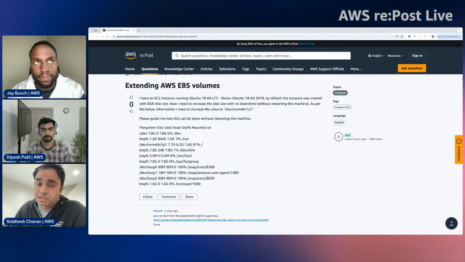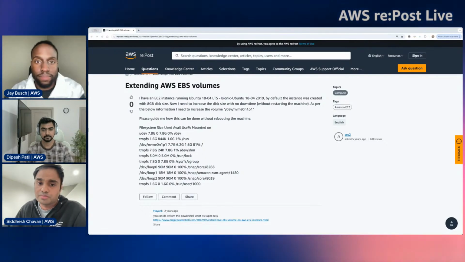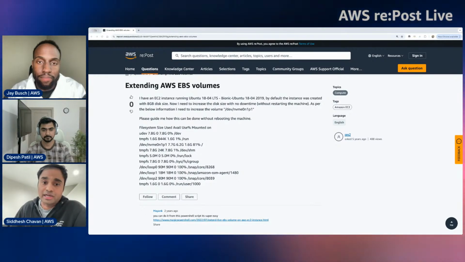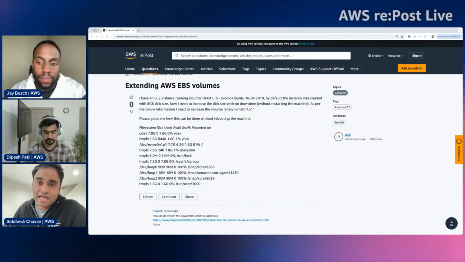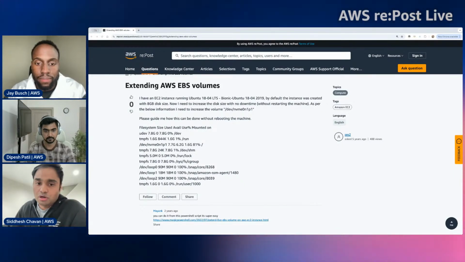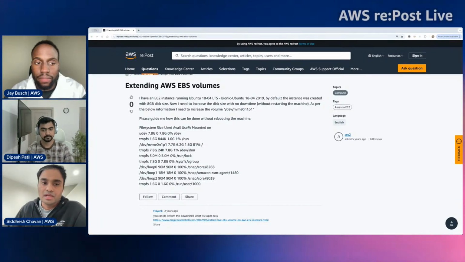So the best practice the storage community suggests is maintaining at least 20% free space on your EBS volumes to ensure optimal performance, and to handle unexpected growth or scenarios where we run out of disk space. This proactive approach to volume management not only helps us prevent emergency situations but also maintains the system's reliability and business continuity.